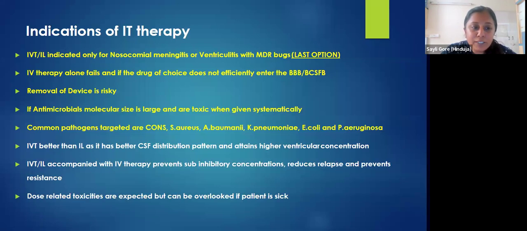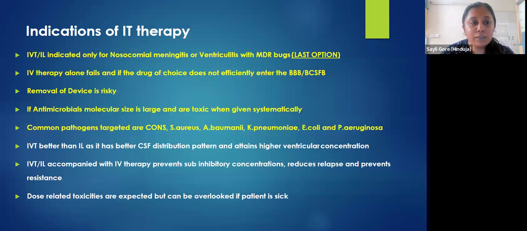I just mentioned that intraventricular therapy is better than intralumbar, as the CSF distribution with intraventricular therapy is higher than intralumbar, and they attain the ventricular concentration very rapidly. If these therapies are combined with systemic therapy, they will achieve the inhibitory concentration, reduce relapse, and prevent resistance.